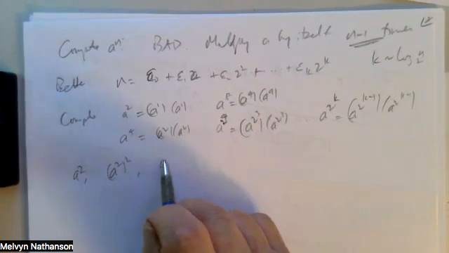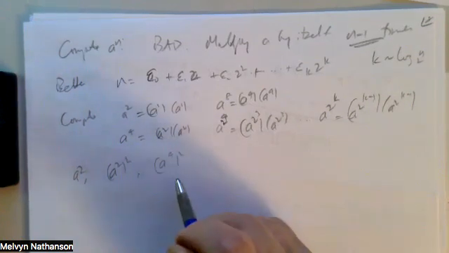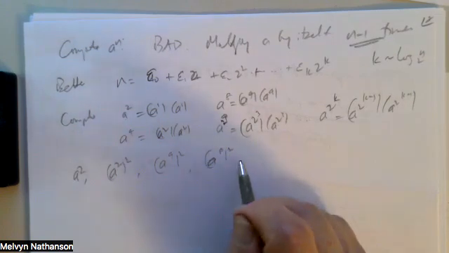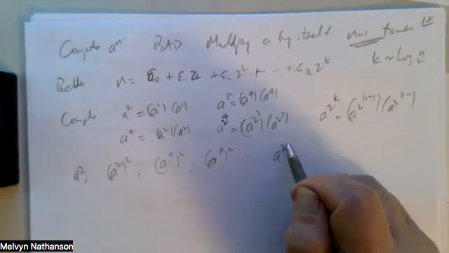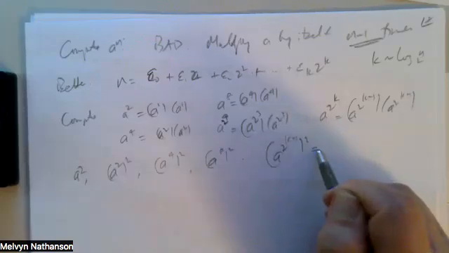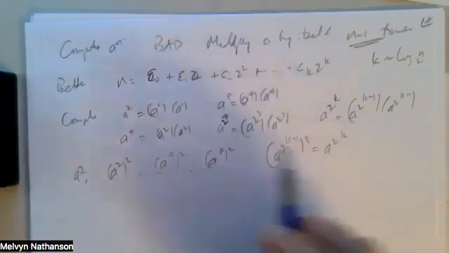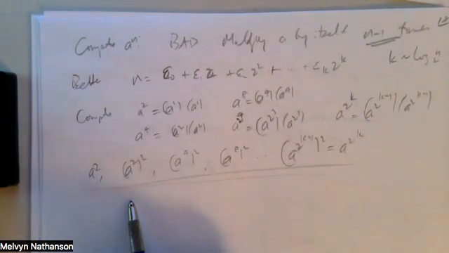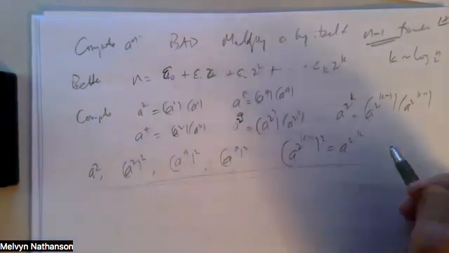That's a to the fourth. Then a to the fourth squared. That's a to the eighth. Then a to the eighth squared. That's a to the 16th. Finally, you get a to the 2 to the k minus 1, and you square it, you get a to the 2 to the k. So to get all these powers takes k multiplications.